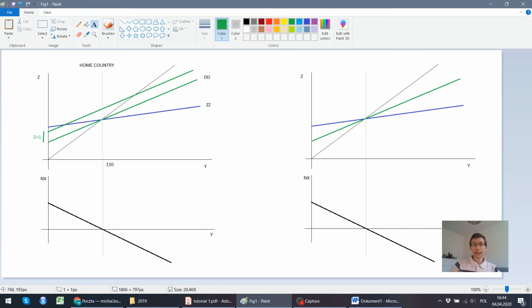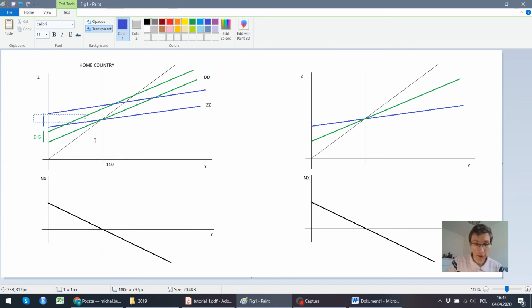And of course, we know that the same policy is also affecting the location of the ZZ curve, which is now, since it's flat, we have a lot of space here to draw. And now the difference between the two curves is not only the change in governmental expenditures.